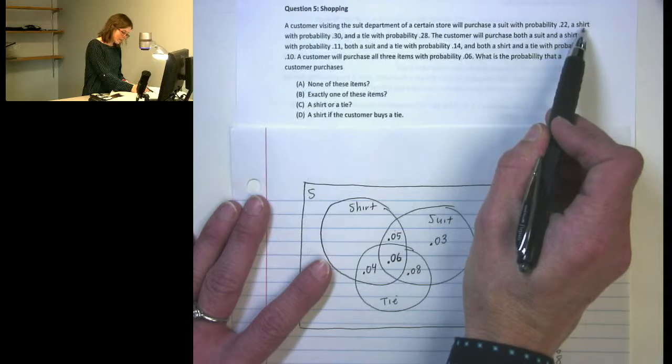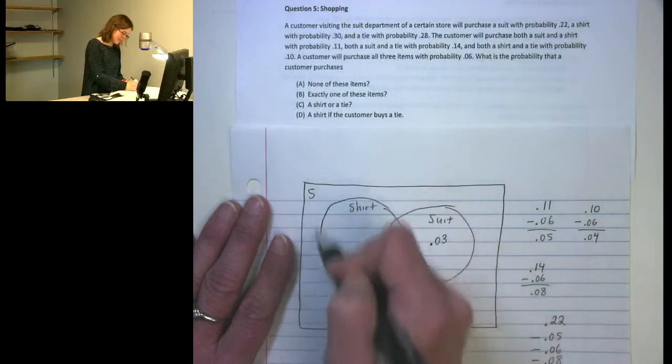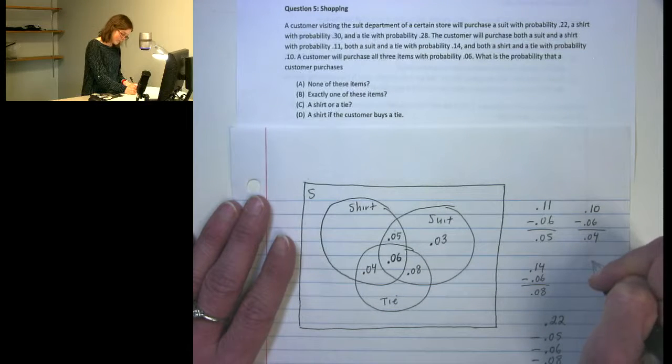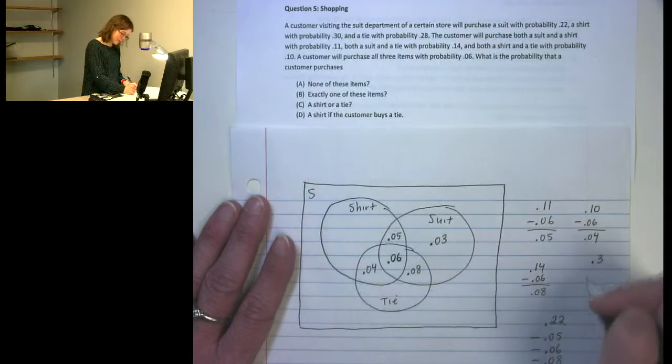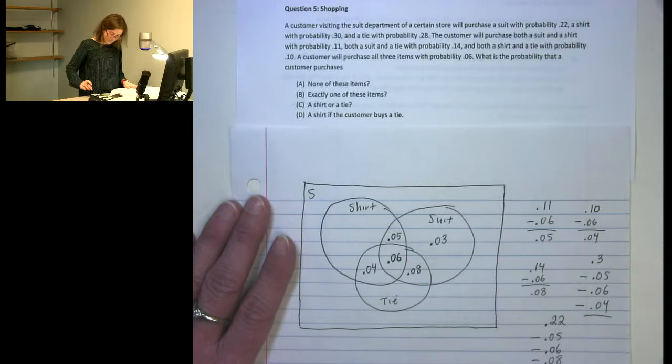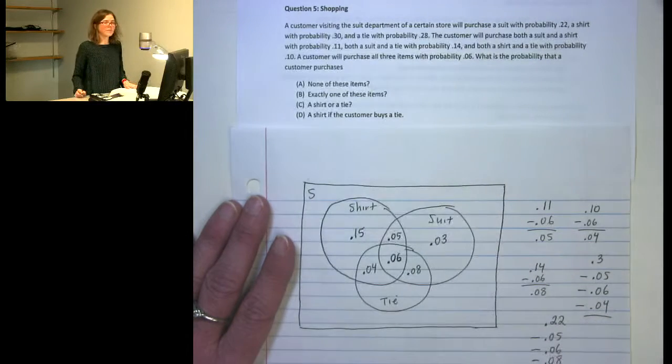Buying a shirt with probability 0.3. The total probability in the shirt region has to add up to 0.3. So I've got 0.3 and I take off the probability that's already been used up: minus 0.05, minus 0.06, minus 0.04, gives me 0.15 left over here.